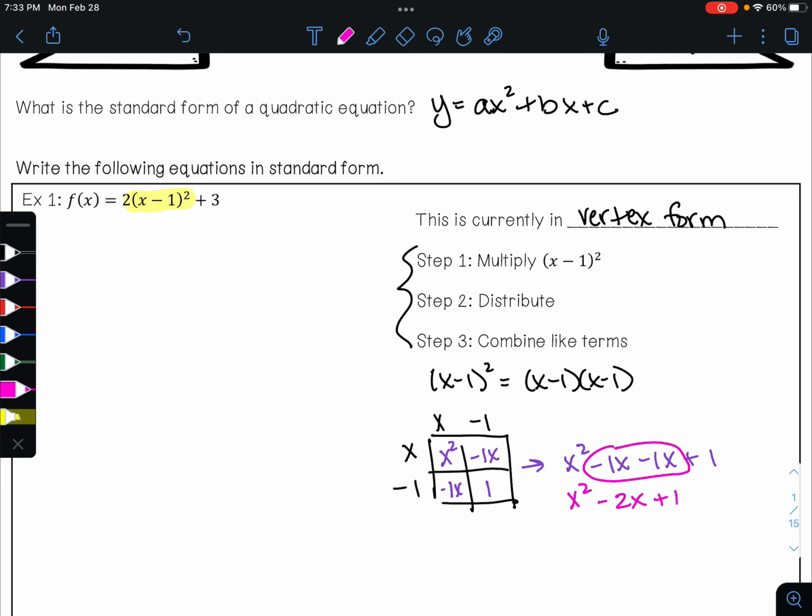So in my equation we have f of x equals 2 times, and then x minus 1 squared has become x squared minus 2x plus 1 because we multiplied that out. And then I still need to bring down my plus 3.